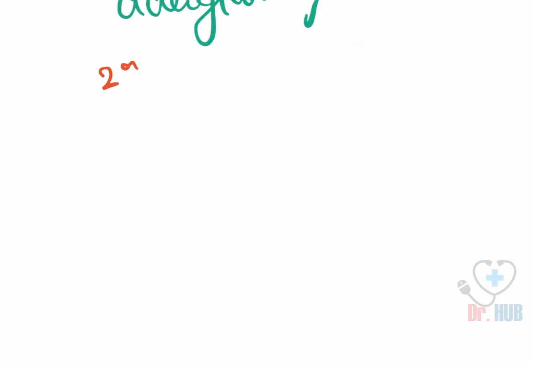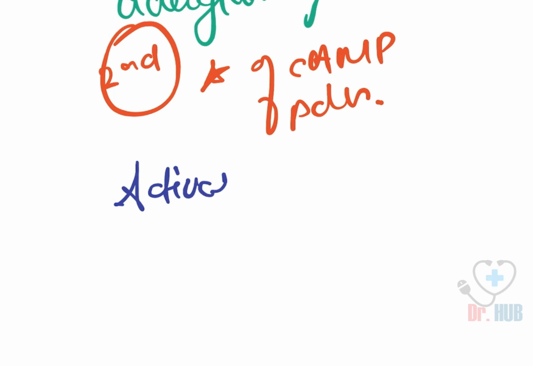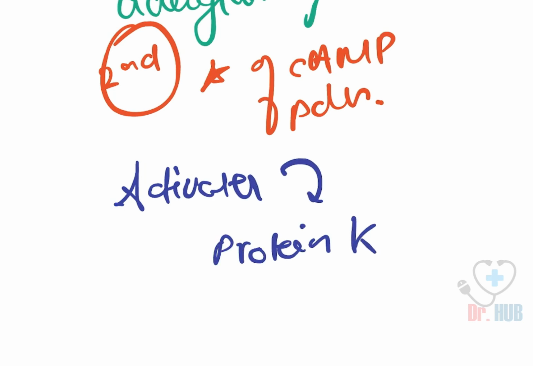So what is the second messenger here? The second messenger here is the stimulation of cAMP production. So what is the action? The action is that it activates the protein kinase A.